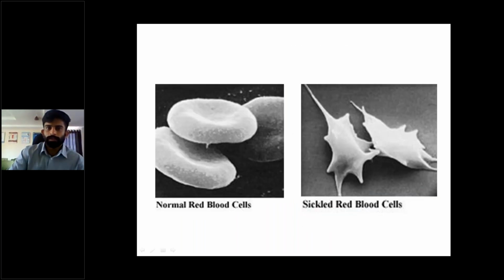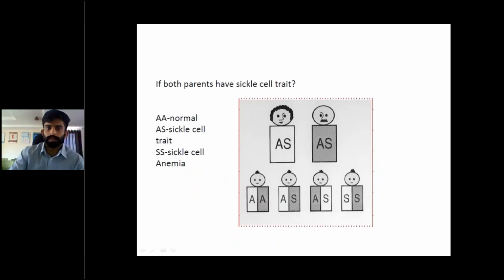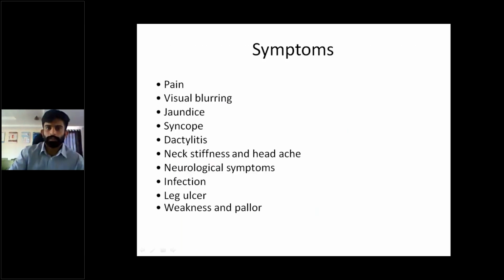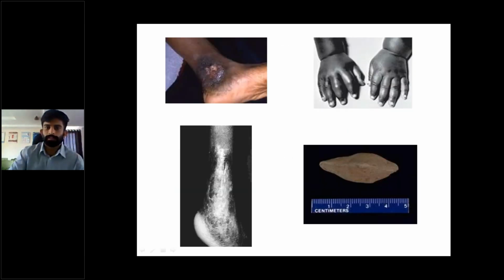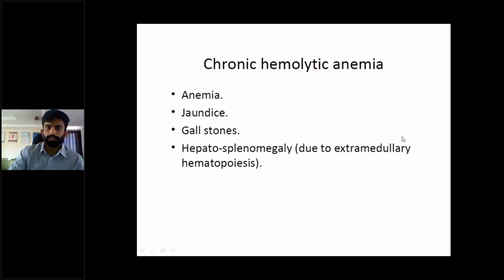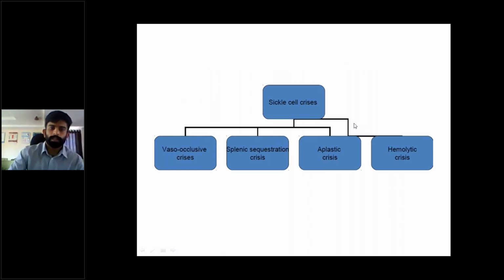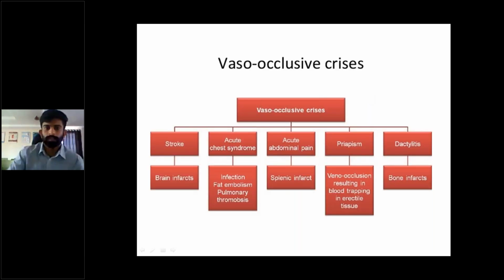We've discussed pathophysiology and how the hemoglobin looks, types of sickle cell anemia, pathophysiology of sickle cell crisis, the symptoms, clinical manifestations of sickle cell anemia, chronic hemolytic anemia, sickle cell crisis like vaso-occlusive crisis, splenic sequestration crisis, aplastic crisis, and hemolytic crisis.